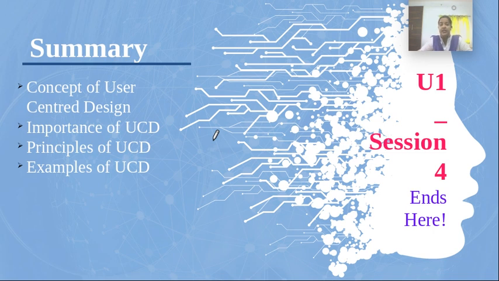We have seen that UCD is an iterative process, with an iterative design flow: identify need, context of use, requirements, produce design solution, and then evaluate against the requirements of the user. Then we also saw a few principles and examples of UCD. So our unit number 1 session 4, the last session of unit number 1, has ended, and I'm saying that our unit number 1 is completed.